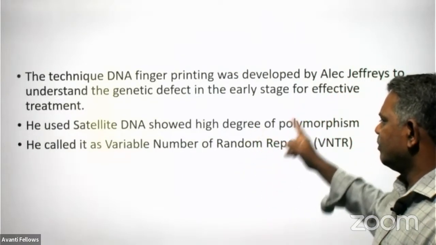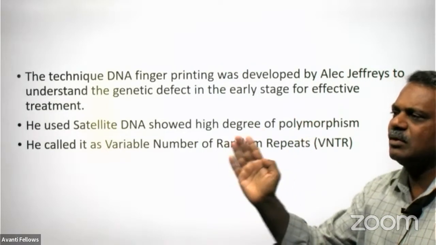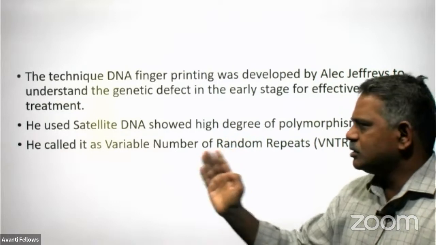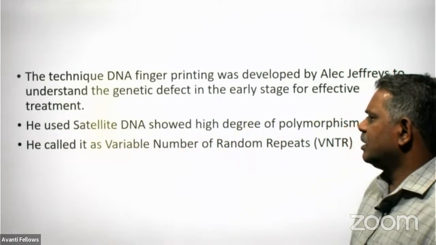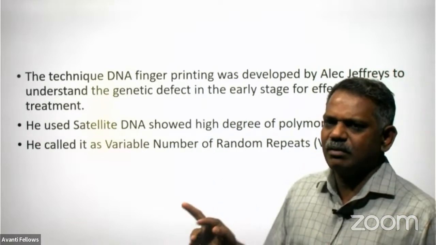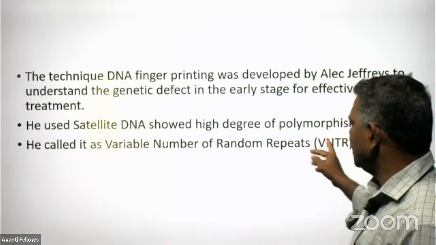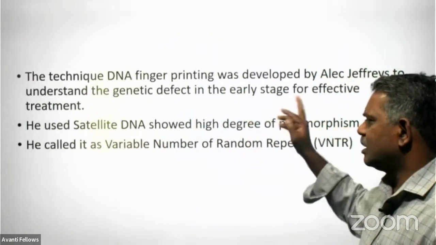Variable number of tandem repeats, because these are all repeated sequences of a particular nitrogenous base pair, 100 times or 1,000 times. And he called it as what? VNTRs. Once it was asked in the board examination: expand VNTR, that is, variable number of tandem repeats.